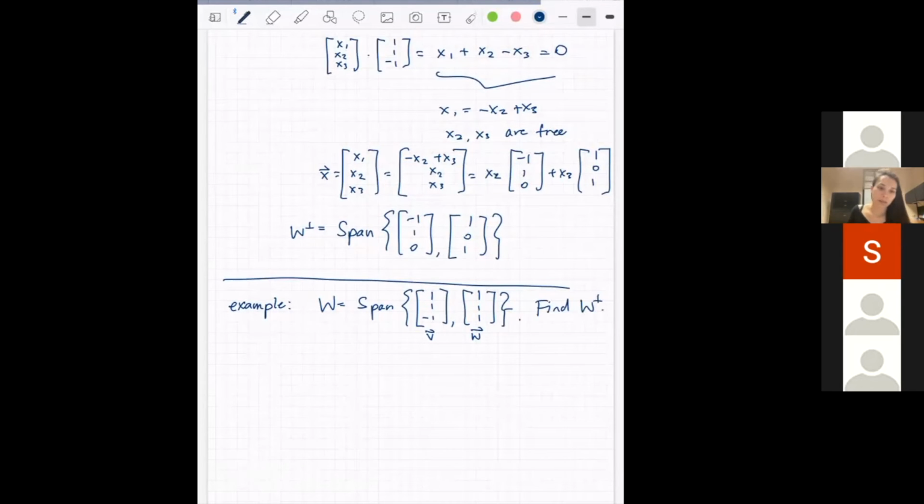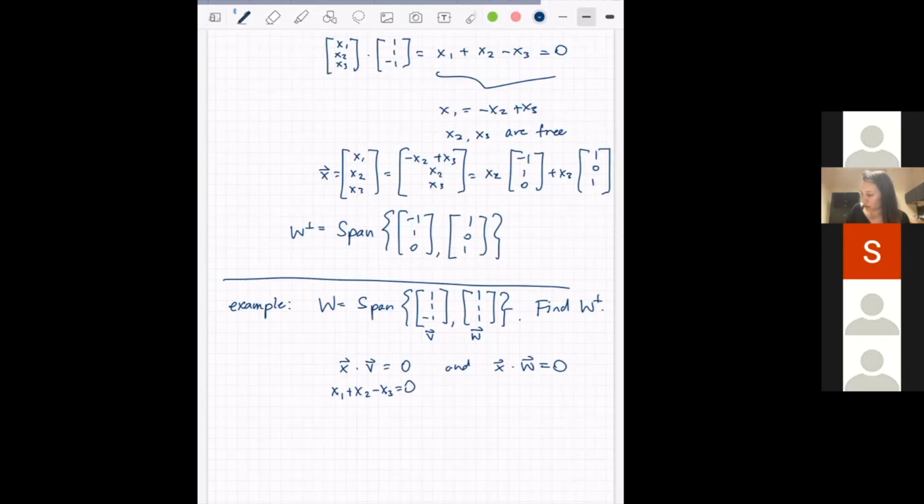And we just set up now two equations. So if x is in W perp, it will be perpendicular to V and orthogonal to W, so we get these two equations. x dot v would give us the same thing: x1 plus x2 minus x3 equals 0.